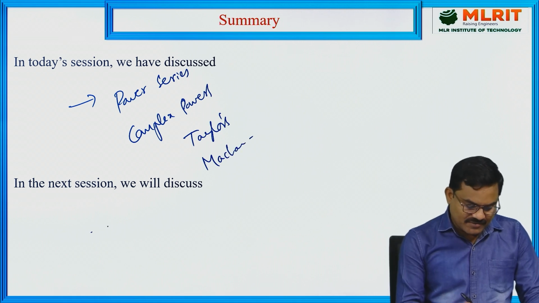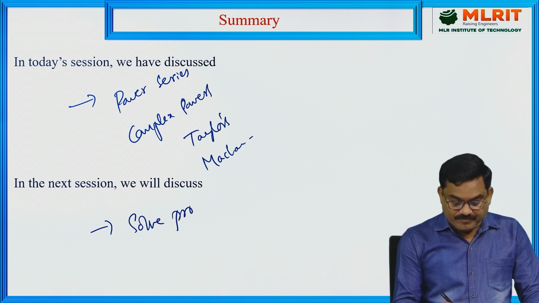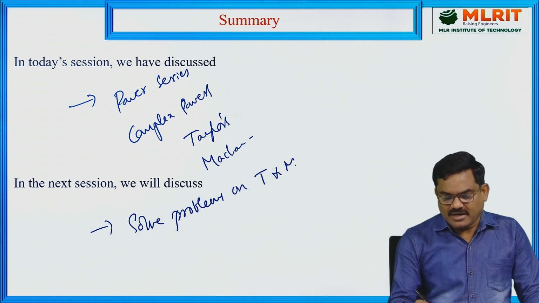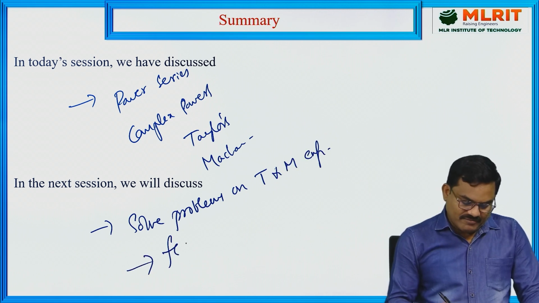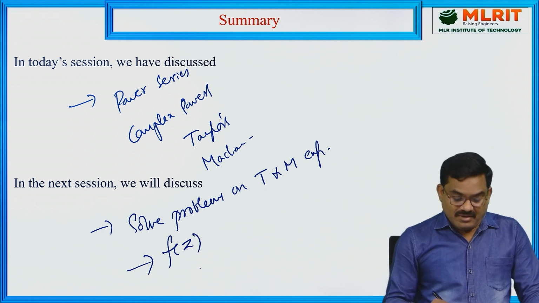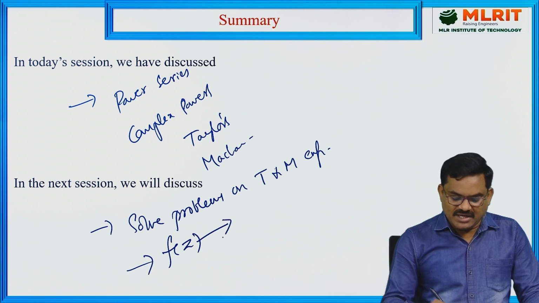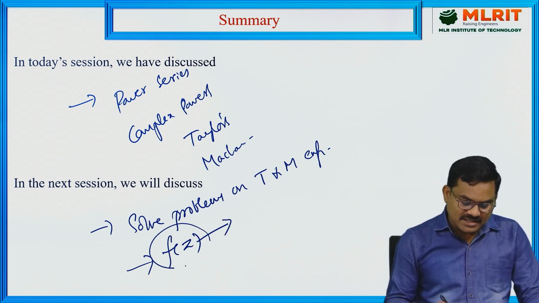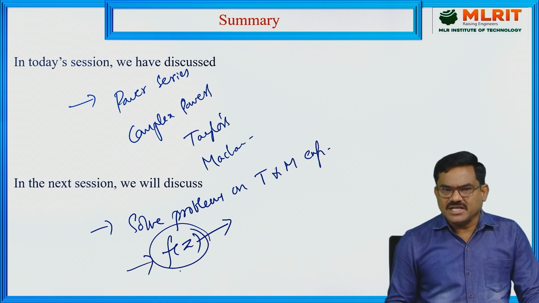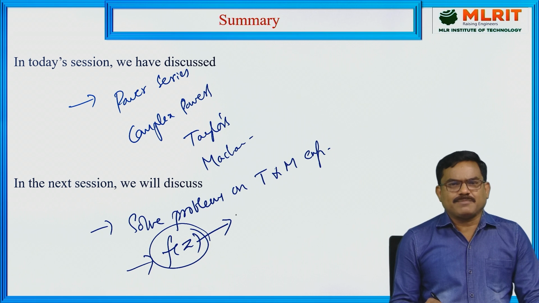In the next session, I am going to solve some problems on Taylor's and Maclaurin's expansions. So here, for the given function of complex variable, we find the Taylor series expansion and Maclaurin series expansion. So that means we expand the given function in powers of z minus a or about a point z equal to a. So we are going to find such expansions in the next session.